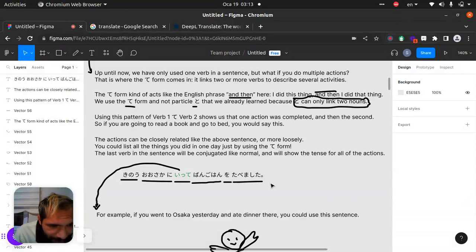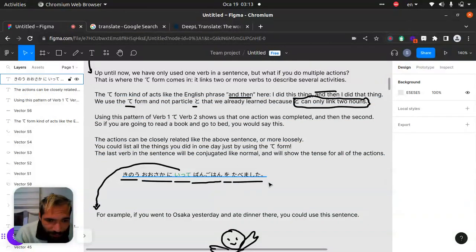So let me read the whole sentence: kinou Osaka ni itte, bangohan o tabemashita. Alright, this is a little crazy sentence.